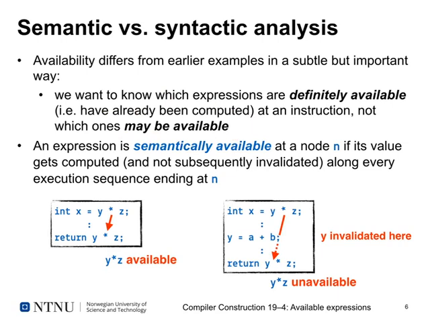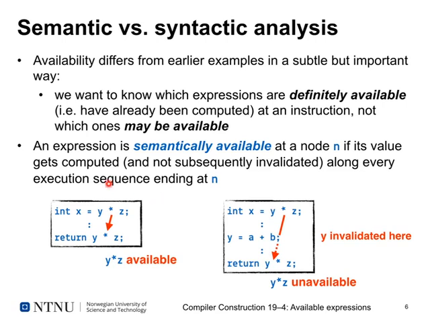Previous analyses have actually considered things that might have been available, so maybe available, but we're not quite sure. We can define that an expression is semantically available at a node n in our control flow graph if its value gets computed and, that's important, not subsequently invalidated between then and our node n along every execution sequence ending at that program point.